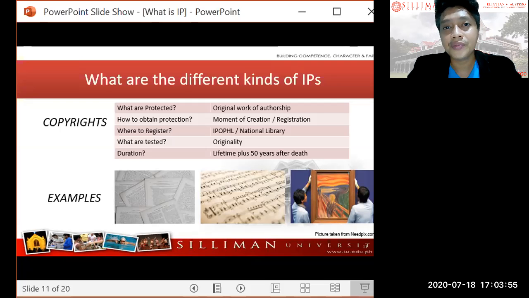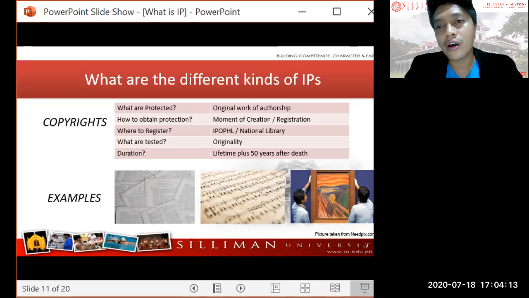What is tested is originality. They will look into other music, if you are submitting music, to check for duplicates; there should be no duplicates when you submit your works.